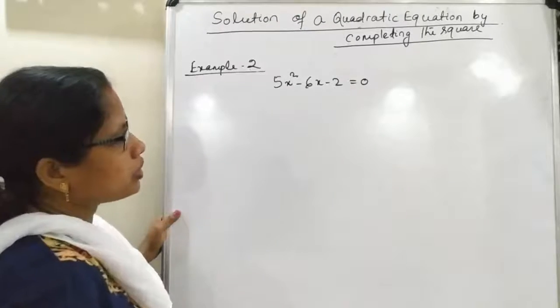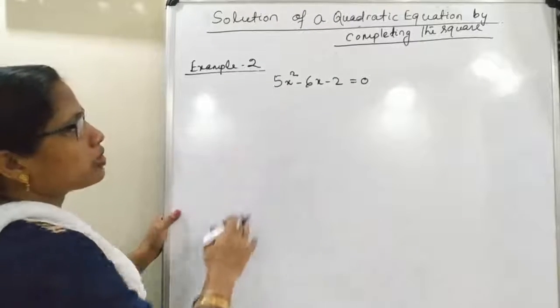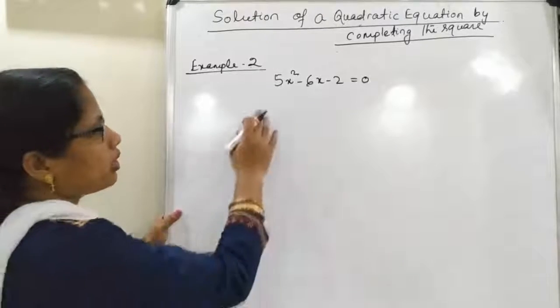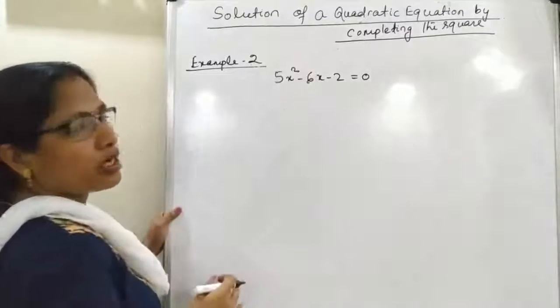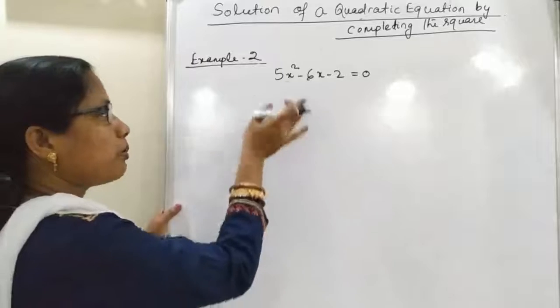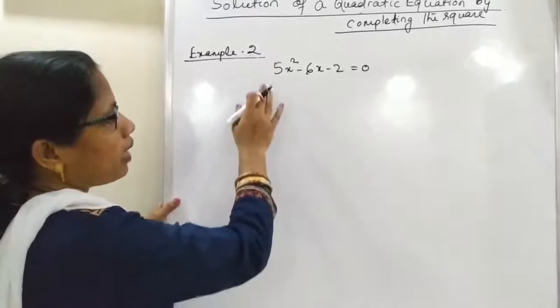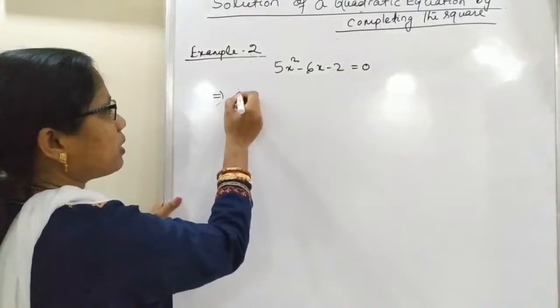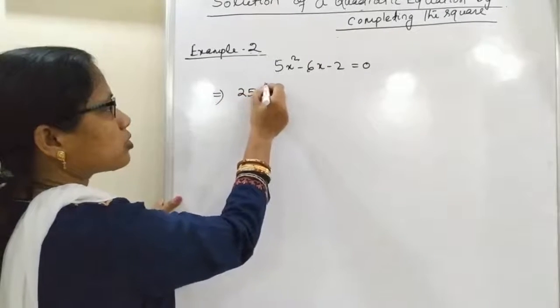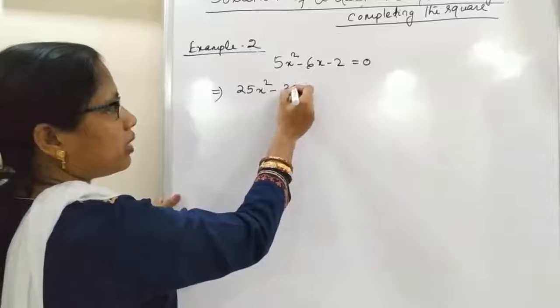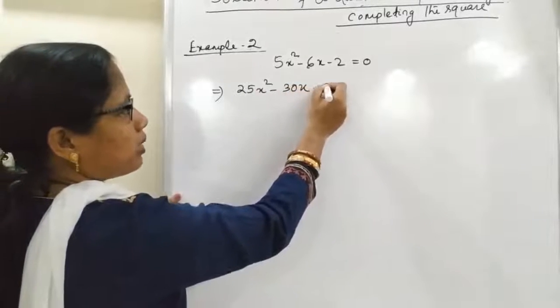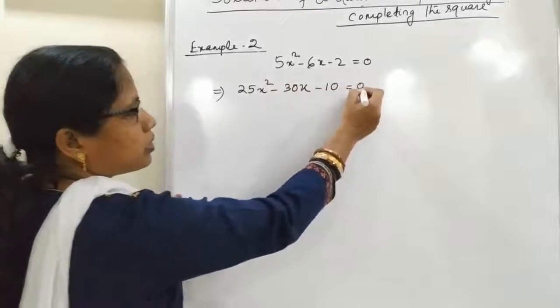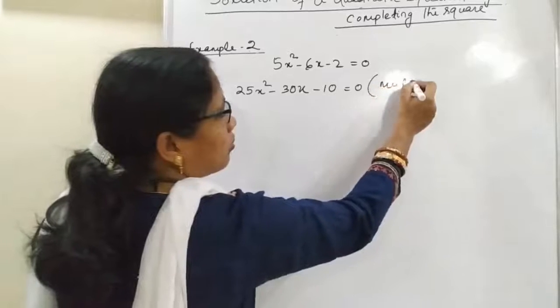Next example, we have to find the solution of this quadratic equation 5x square minus 6x minus 2 is equal to 0. So here I will use the method of completing the square. So 5x square is not a perfect square. To make it a perfect square, I will multiply 5 on both sides. So this becomes 25x square minus 30x minus 10 is equal to 0.